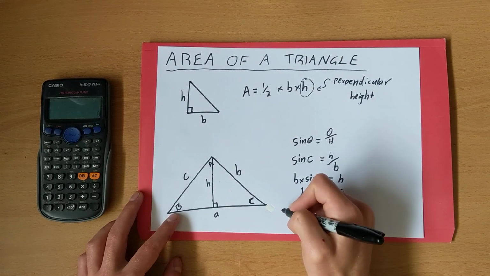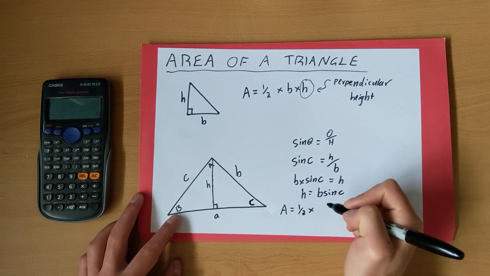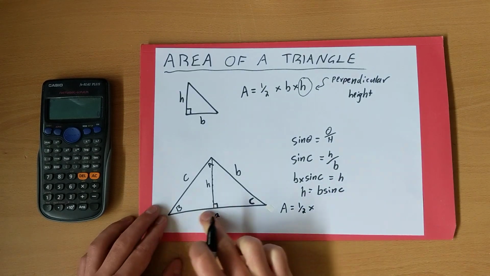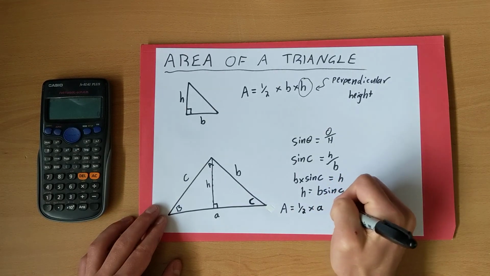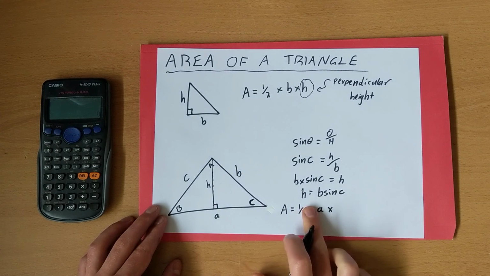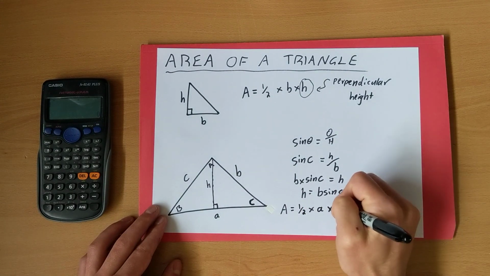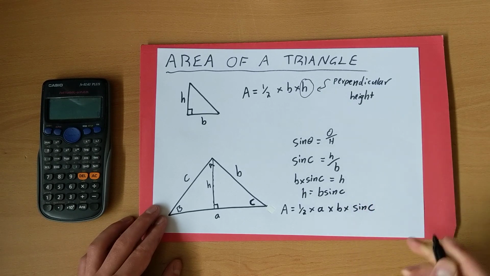So the area of a triangle equals a half times the base, where in this case, the way that I've labelled this triangle, the base is a, times the perpendicular height, where we've just worked out that the perpendicular height is b times sine C.